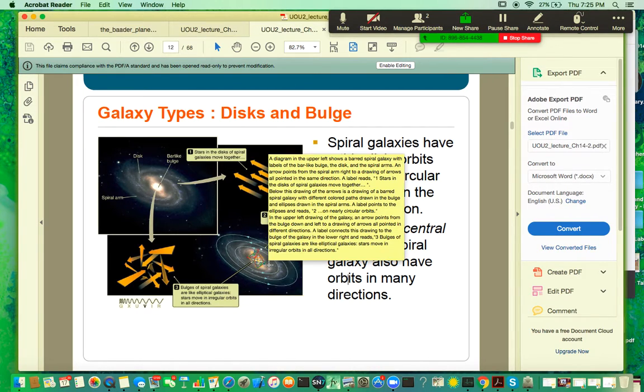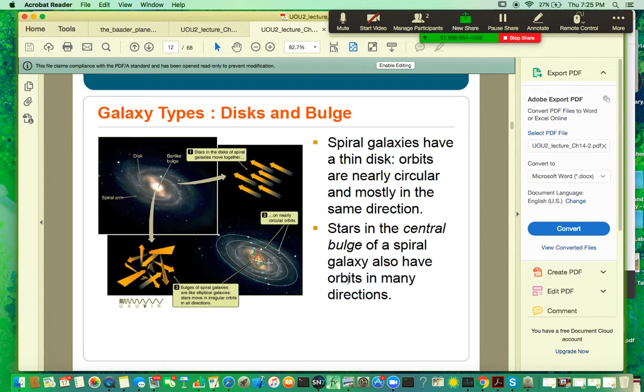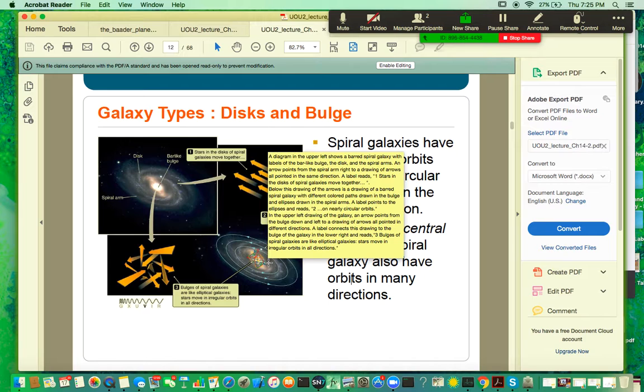So in spiral galaxies, the stars in the spiral arms all go in the same direction because they were formed out of the same circumgalactic disk that revolves around the bulge, the galactic bulge.